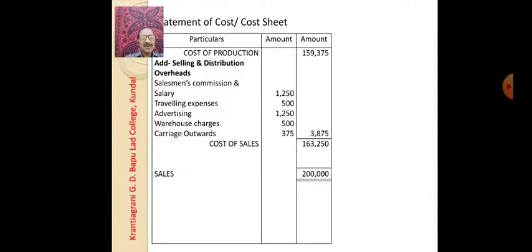Now in this problem the sales are rupees 2 lakhs and the total cost, that is cost of sales, is rupees 1,63,250. The balance is the profit, and the balance is rupees 36,750, which is the profit of that problem.